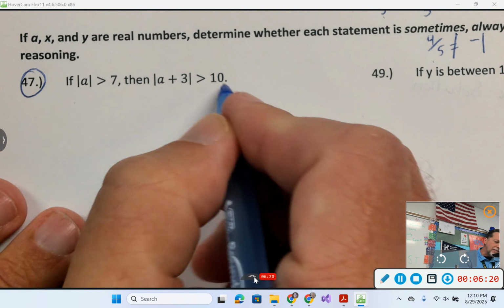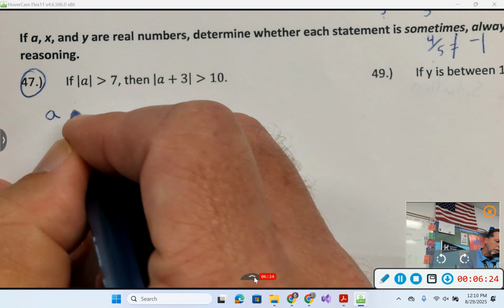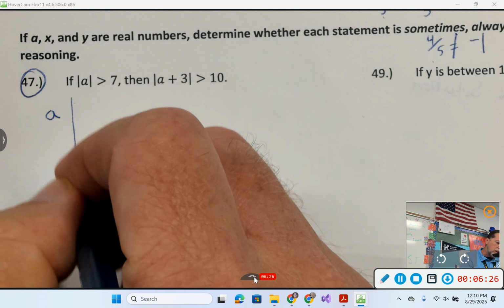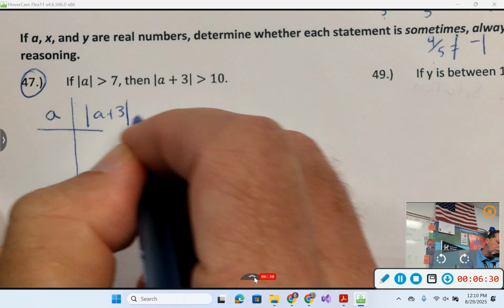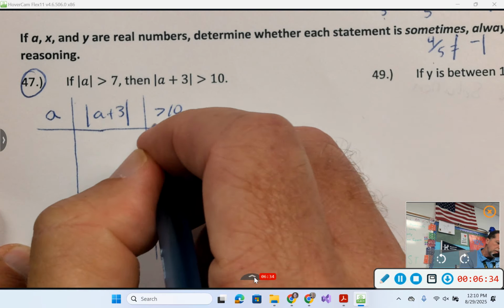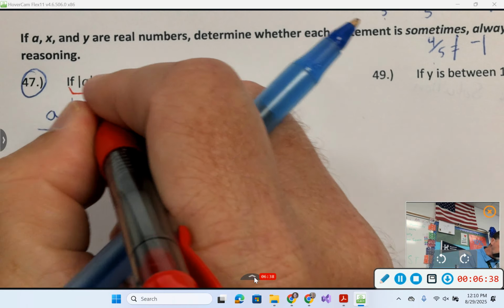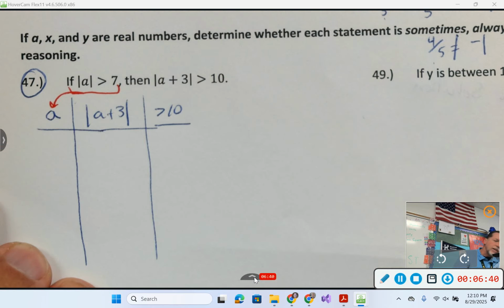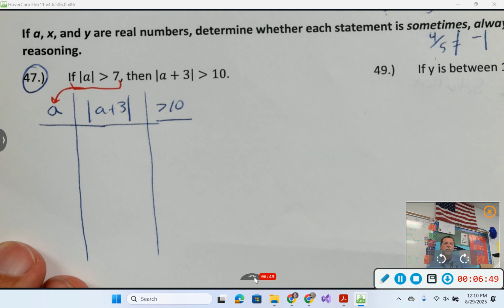So instead of taking an algebra approach, I'm just going to make a table and see if it's true or not. I'll pick some values that make this true, and then see if the other statement is true. It's the equivalent of a guess and check type problem.